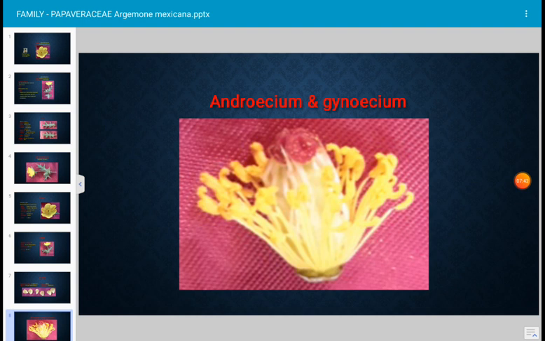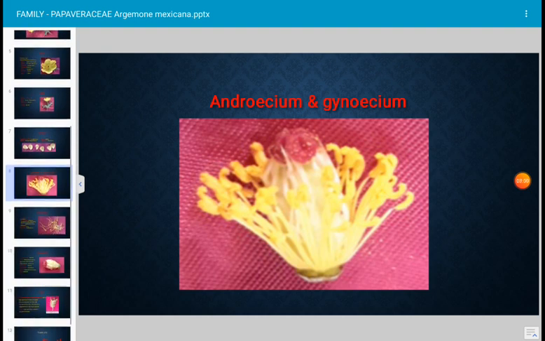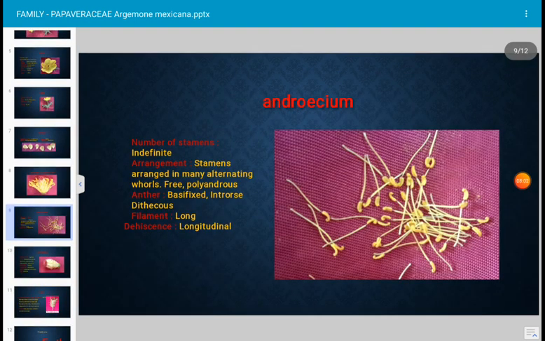This is the photograph showing the androecium and gynoecium of the flower of Argemone mexicana. There are many stamens and the gynoecium is also present. When gynoecium and androecium both are present, the flower is described as bisexual. Already I told you. Next. These are the stamens of Argemone mexicana. There is an indefinite number of stamens and the stamens are arranged in many alternating whorls.